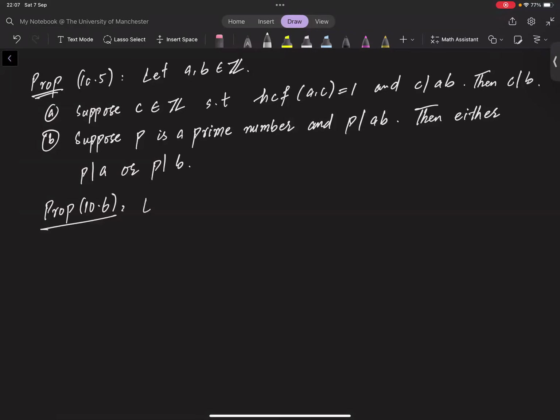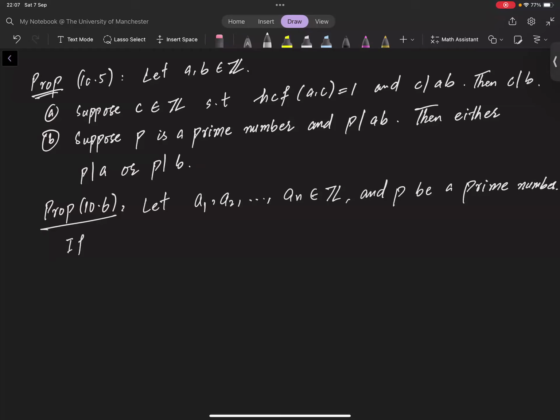We say that we have n integers, a1, a2 to an, and we say that P is a prime number. Okay.